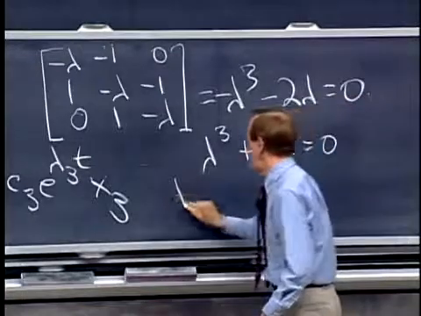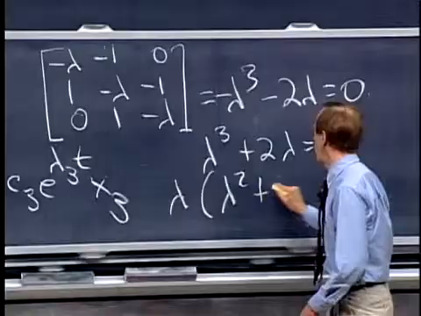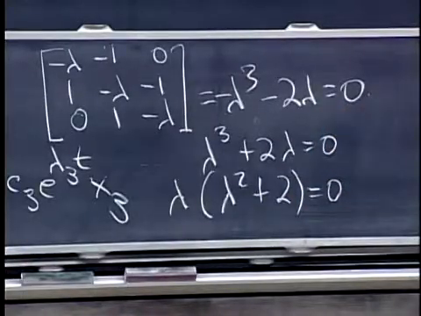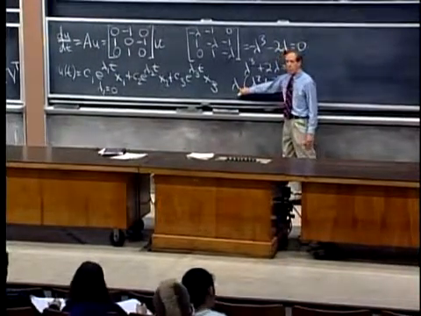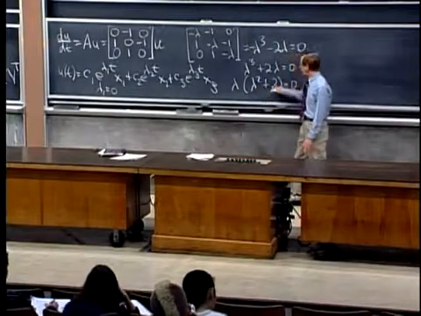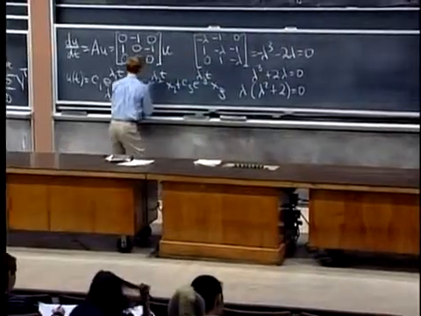So one root factors out lambda, and the rest is lambda squared plus 2. Okay, this is going the way we expect, right? Because this gives the root lambda equals 0. And this gives the other 2 roots, which are lambda equal what?